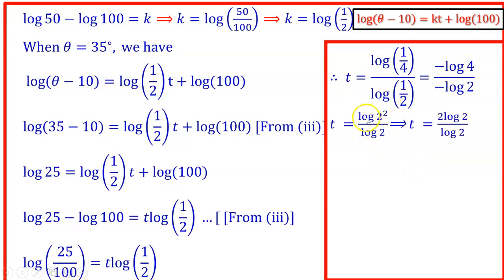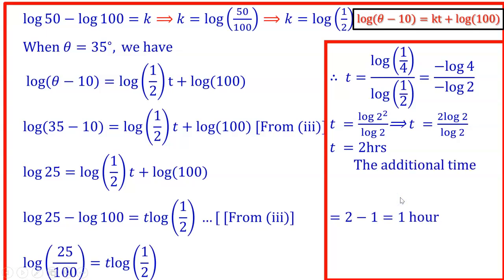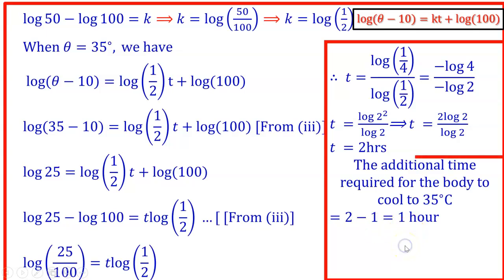Log 4 is log 2 raised to 2, and next is log 2. With the help of the rules of log, log of m raised to n is n·log m. Here log 2 gets cancelled. Then you will get t = 2 hours. And therefore, the additional time required for the body to cool to 35 degrees Celsius is 2 − 1, that is equal to 1 hour. And this is the answer.